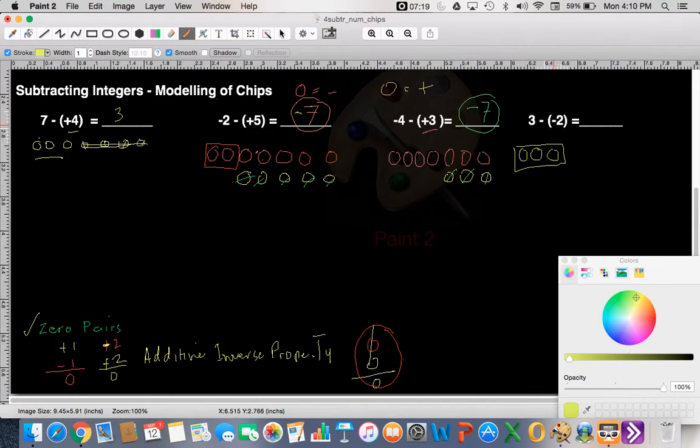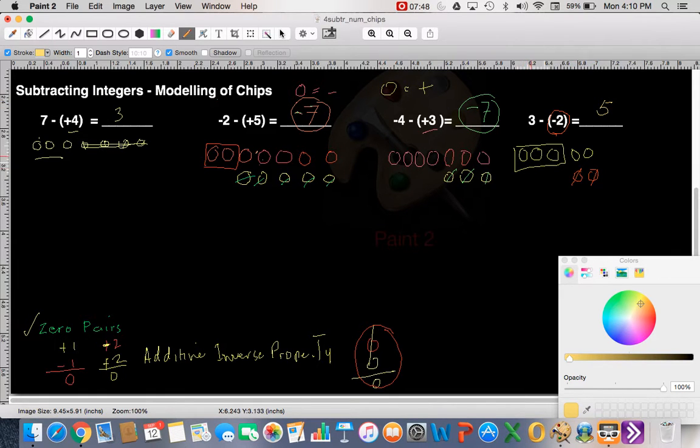You must have 2 zero pairs. So what are you taking away here? Since you are required to take away negative chips, you are taking away these 2 red chips. And you will end up having 1, 2, 3, 4, 5.